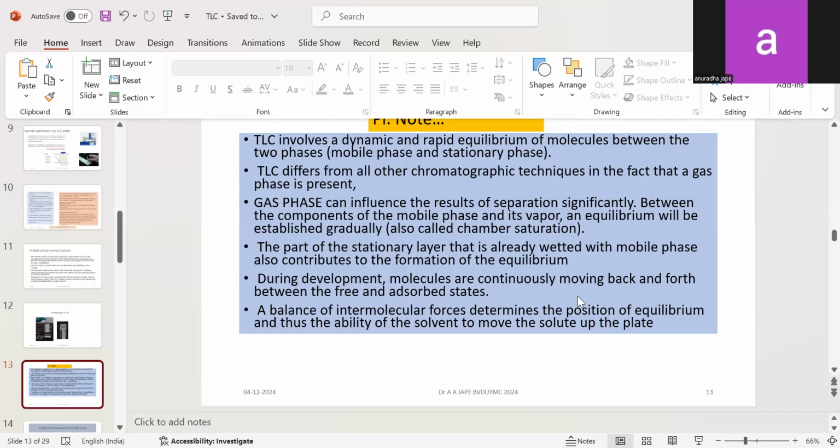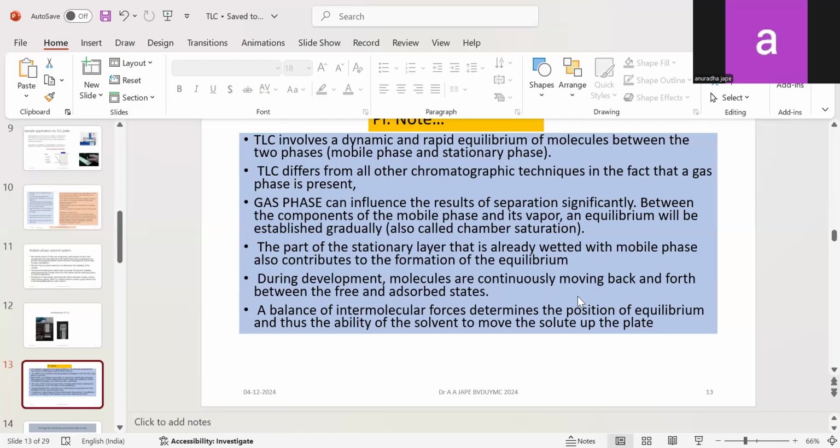Now, next comes the part of the stationary layer that is already wetted with the mobile phase, which is also going to contribute to the formation of the equilibrium. So, during development, molecules are continuously going to move to and fro, back and forth, between the free and adsorbed states.